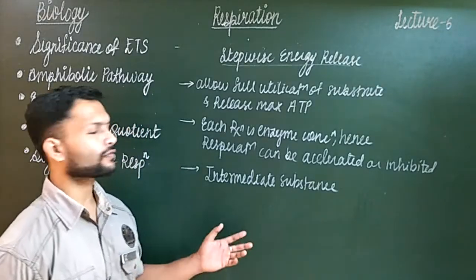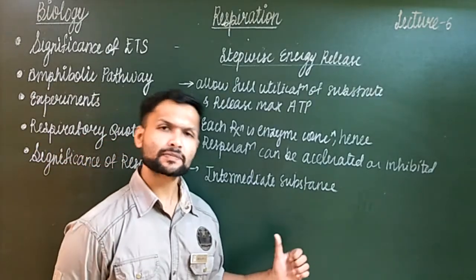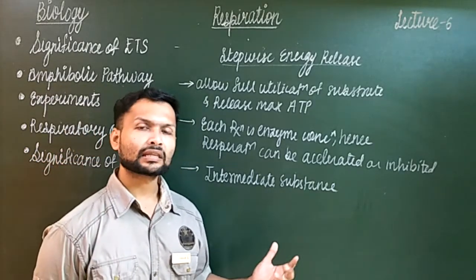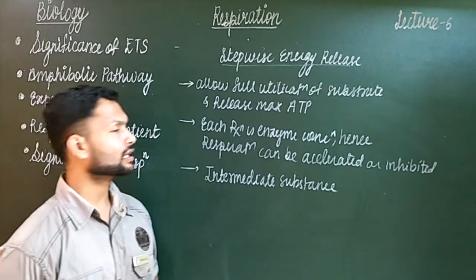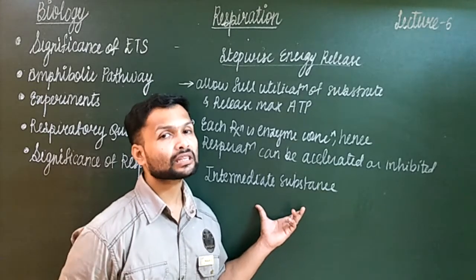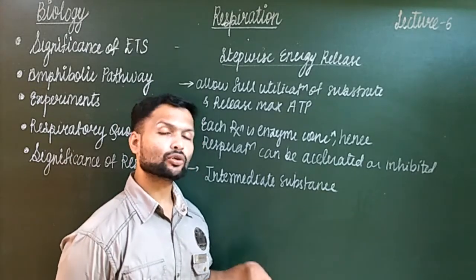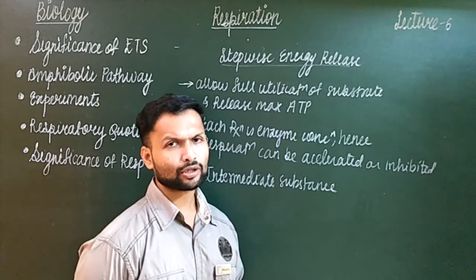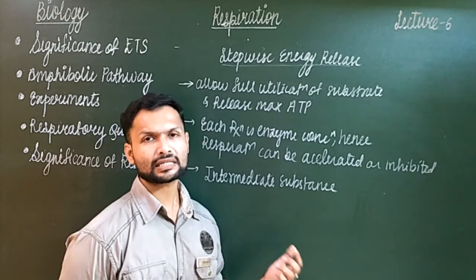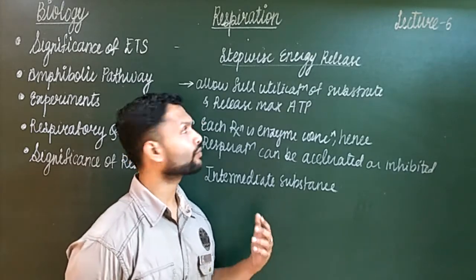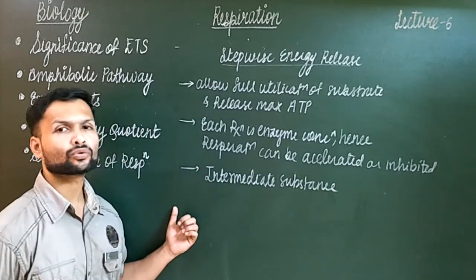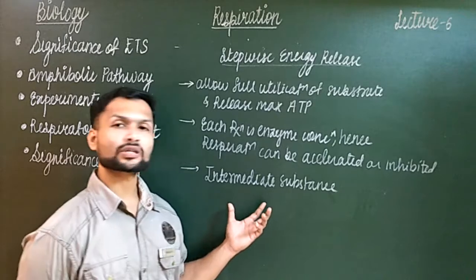Like I said, alpha ketoglutaric acid and others are respiratory substrates. For example, when we are sleeping, the rate of respiration is not fast, so at that time the body does not need these intermediate substances that much, but they can be used to make some different useful things like amino acids and fatty acids. Again when we wake up or do some exercise, we require more of the respiratory substrate. So those amino acids and fatty acids are broken down to get you to the Krebs cycle substrates.